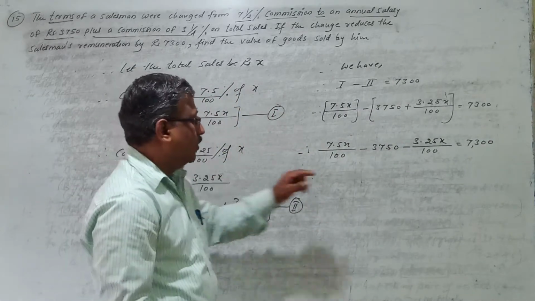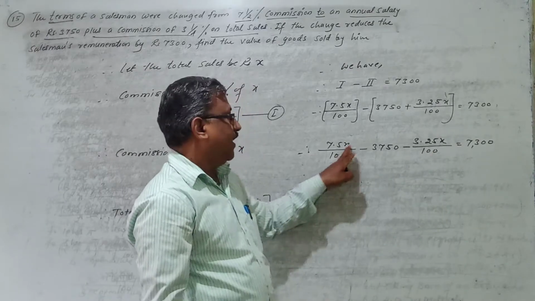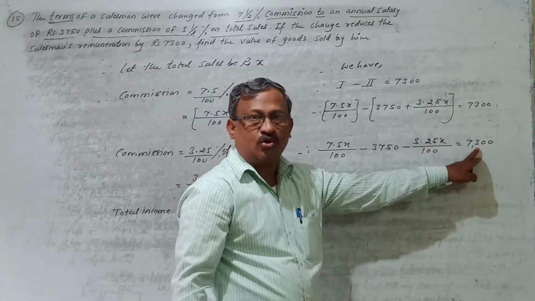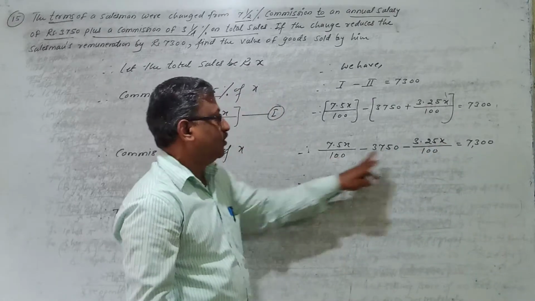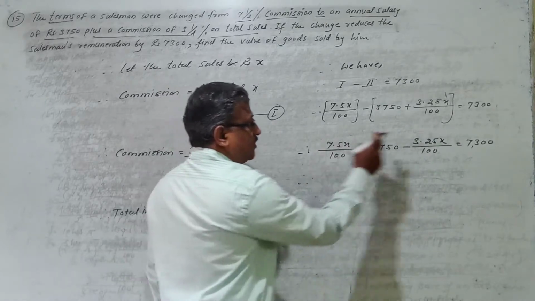Now these two x values we can solve very easily, and this value we can also solve very easily. First solve this, because here the denominator is the same.